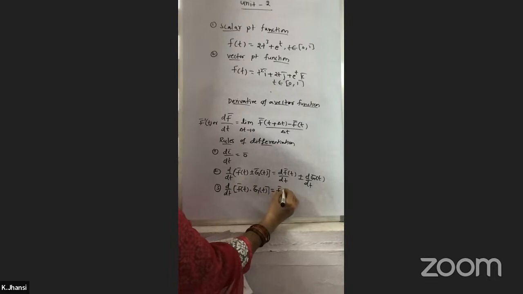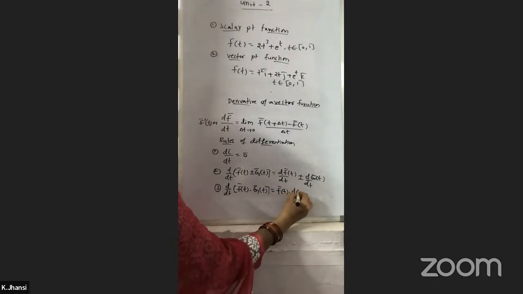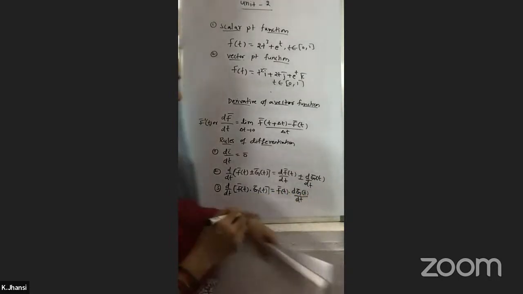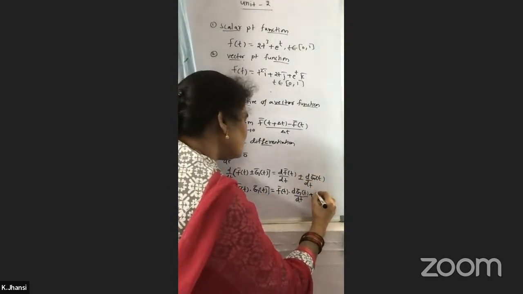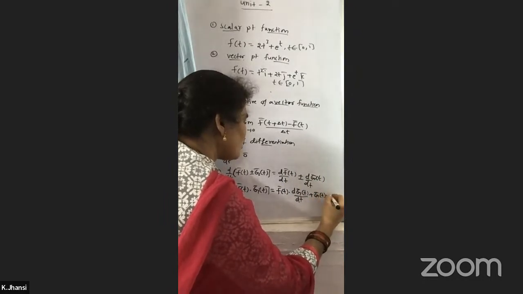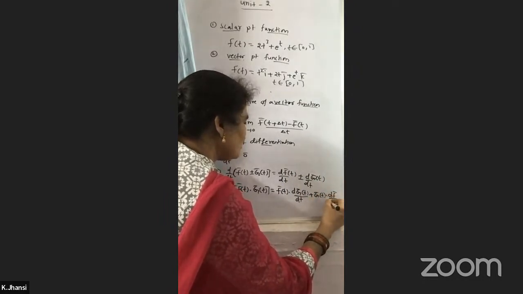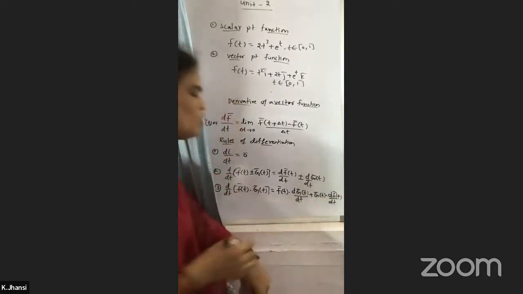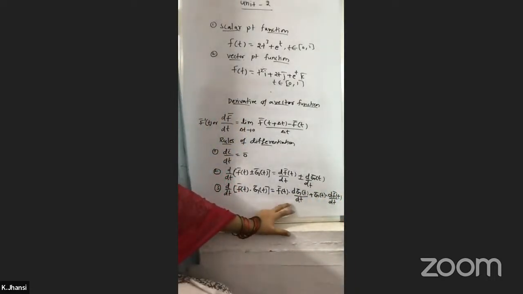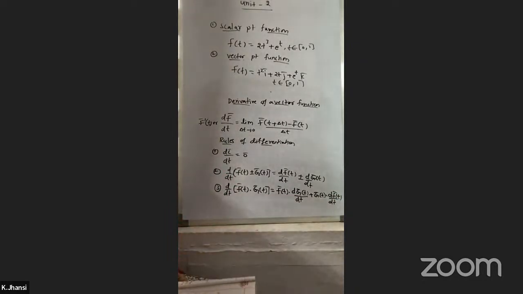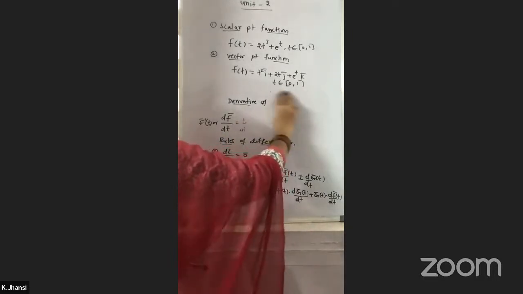So f of t taken constant, then dg of t by dt, plus vector g of t taken constant, then df of t by dt. So the UV rule we have in differentiation, the same rule will apply here. This is about the dot product. Whenever you have a cross product, instead of dot, you have to put the cross here. The rules are important for solving the problems.